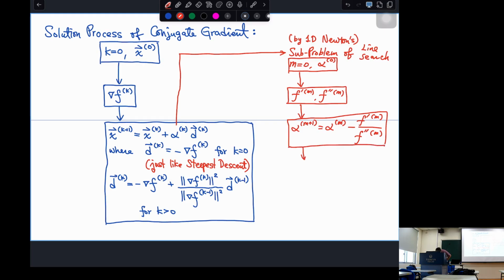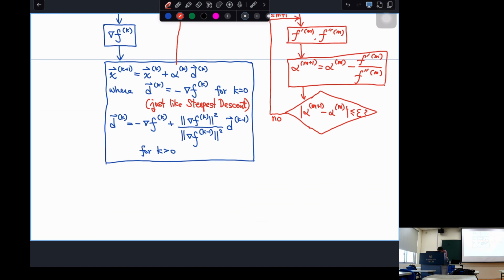And then I will do the convergence check. The absolute value of alpha m plus 1 minus alpha m, is it smaller than a small value? If not, then go back to here, and the index number advances by 1.